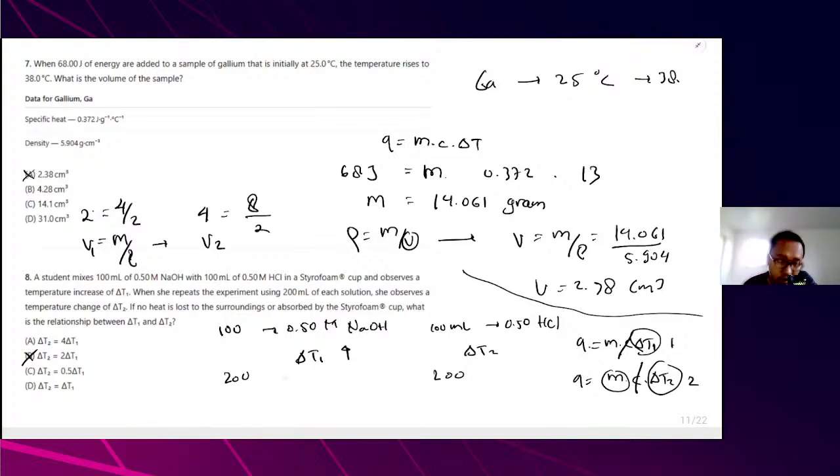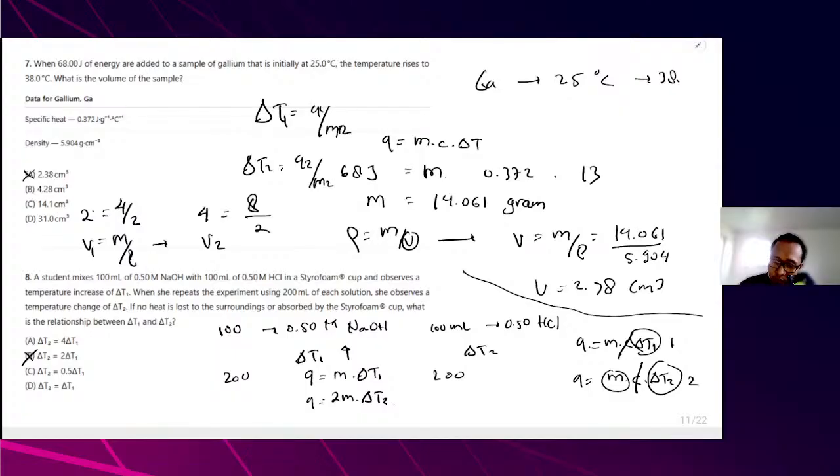So we have Q1 equals m delta T1, and Q2 is double, 2m delta T2. The question is only about delta T. How to get delta T is pretty easy: just Q divided by m. And then delta T2 as well, Q2 divided by m2.